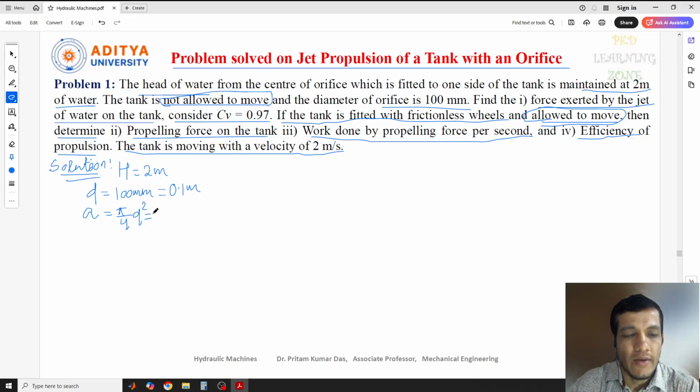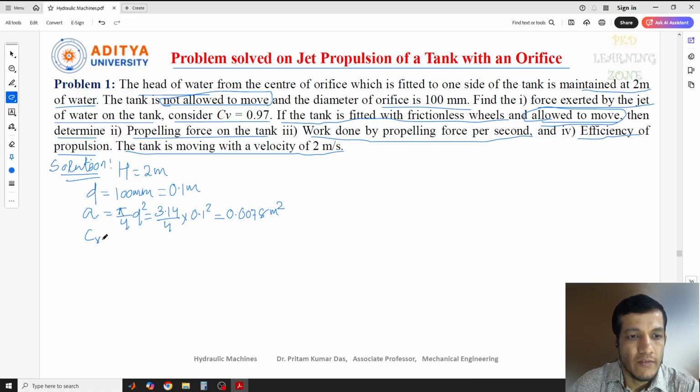Taking 3.14 divided by 4 into d square, with 0.1 square equal to 0.01, multiplying these we get near about 0.0078 as the area.